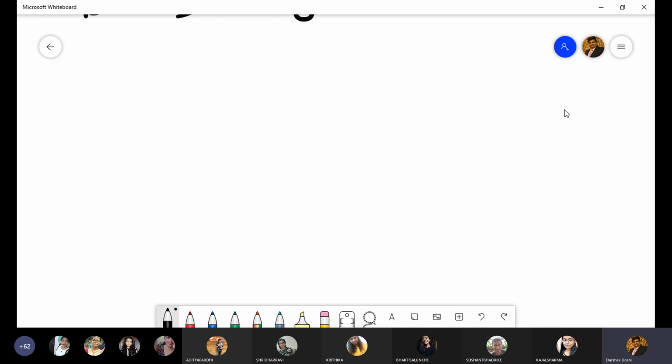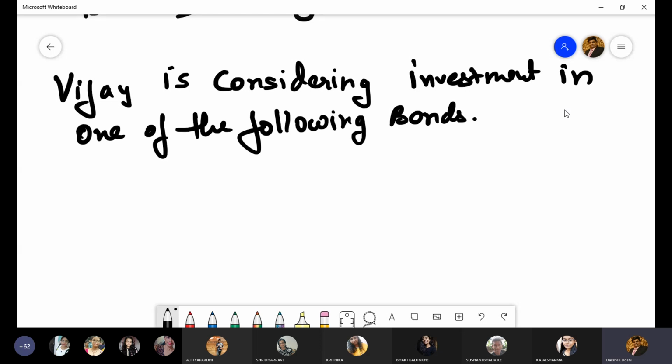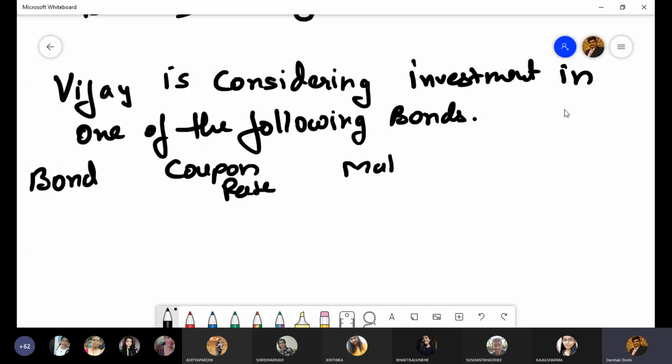Write down the next question. Vijay is considering investment in one of the following bonds. Now write down the data in table form where you have columns as bond, coupon rate, maturity, purchase price.